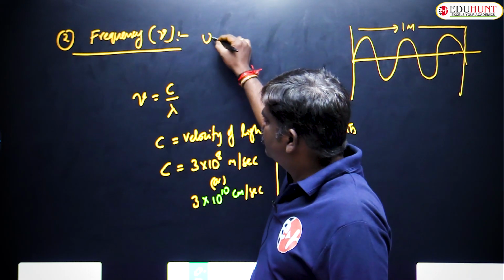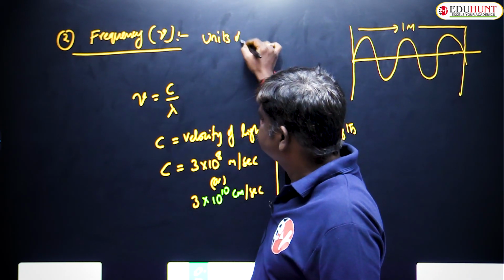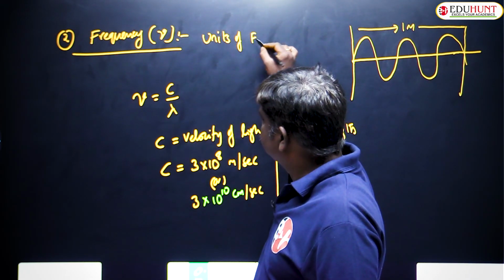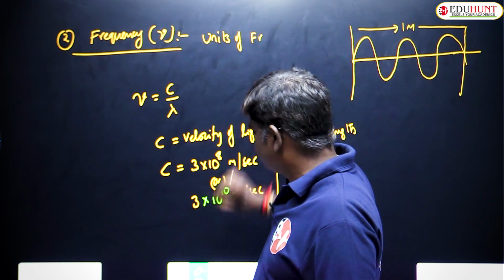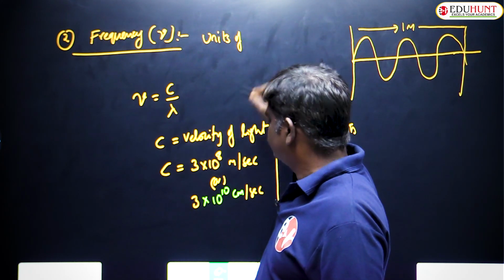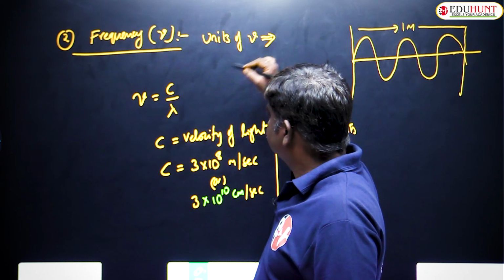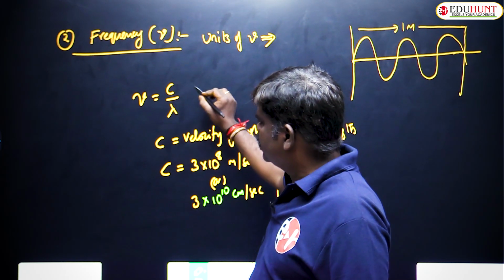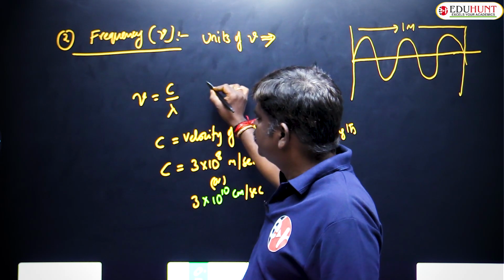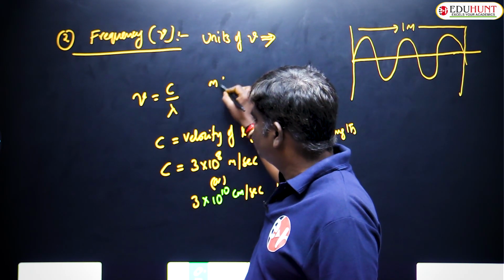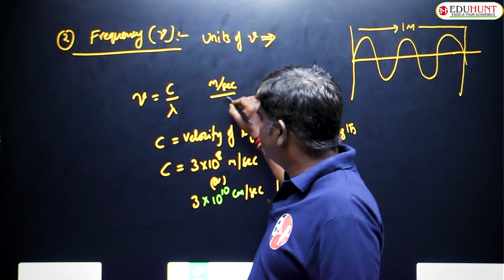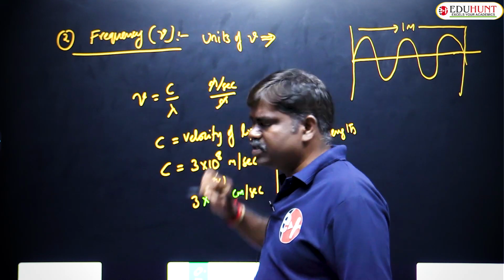The units of frequency, that is, units of nu. Take velocity in meters per second and wavelength in meters; the meters cancel.